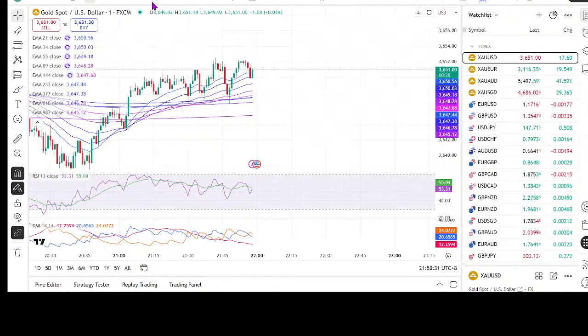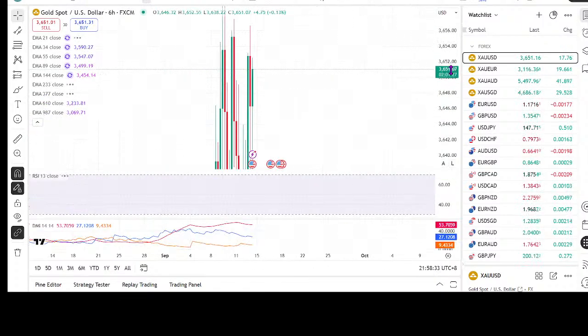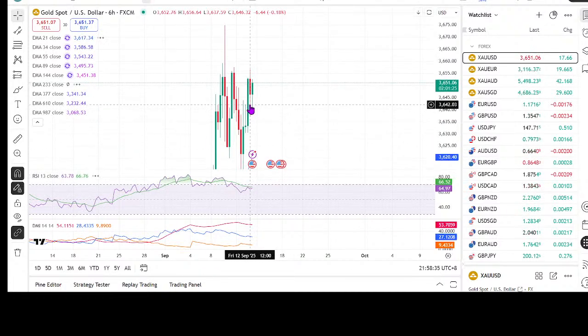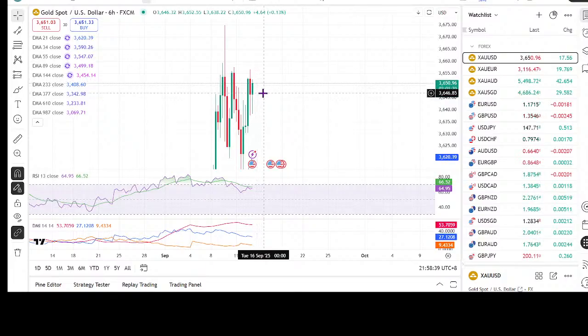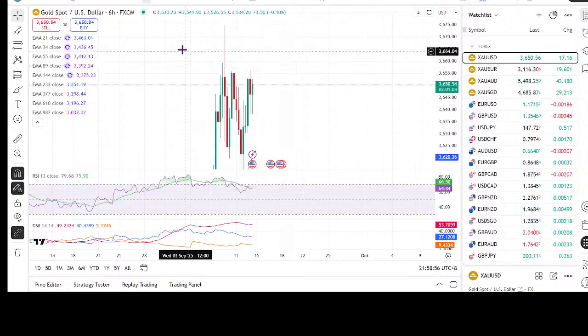But when we look into the 6-hour chart, this is telling us that the market is showing strength, and this is another strength, expected to continue this trend for another 2 hours. So we are getting 2 signals, which means the strength is expected to continue for another 2 hours.